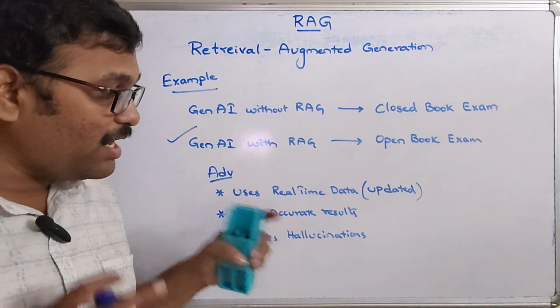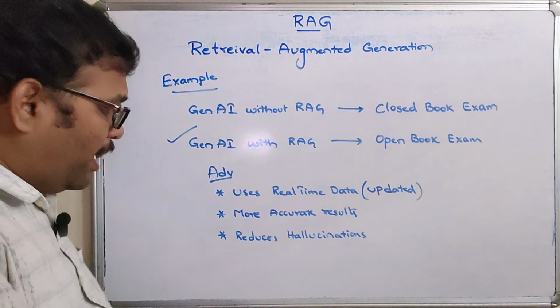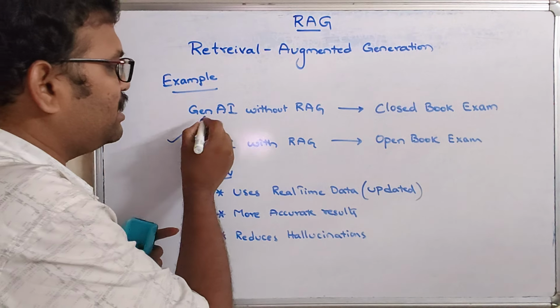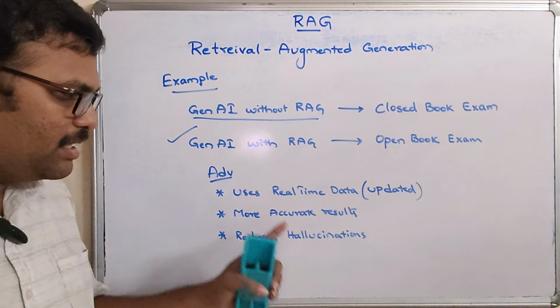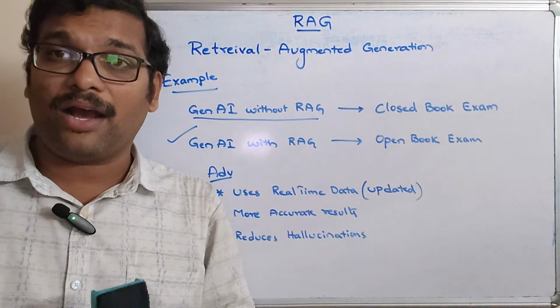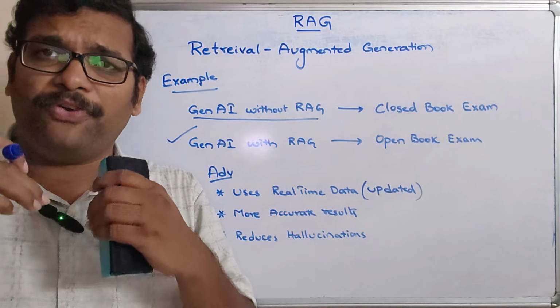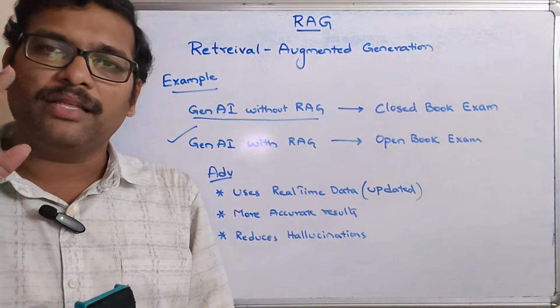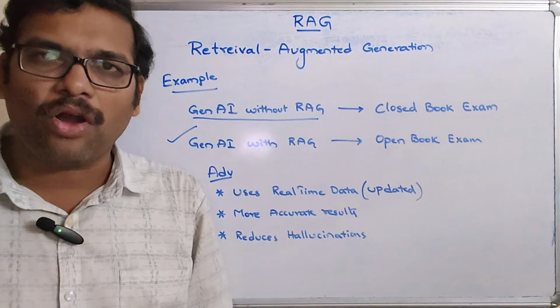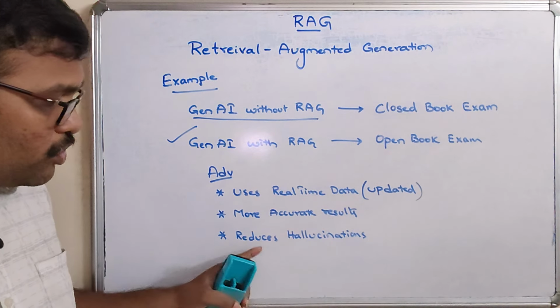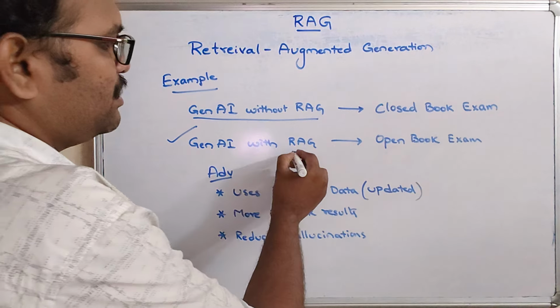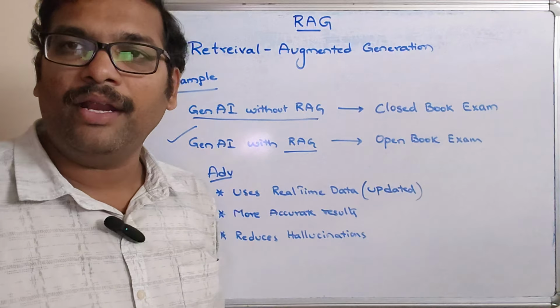That is called a hallucination. One major disadvantage of using Gen AI without RAG is hallucinations. We may get an answer very quickly and very promptly, but that answer may be wrong. That can also be reduced with RAG, right?